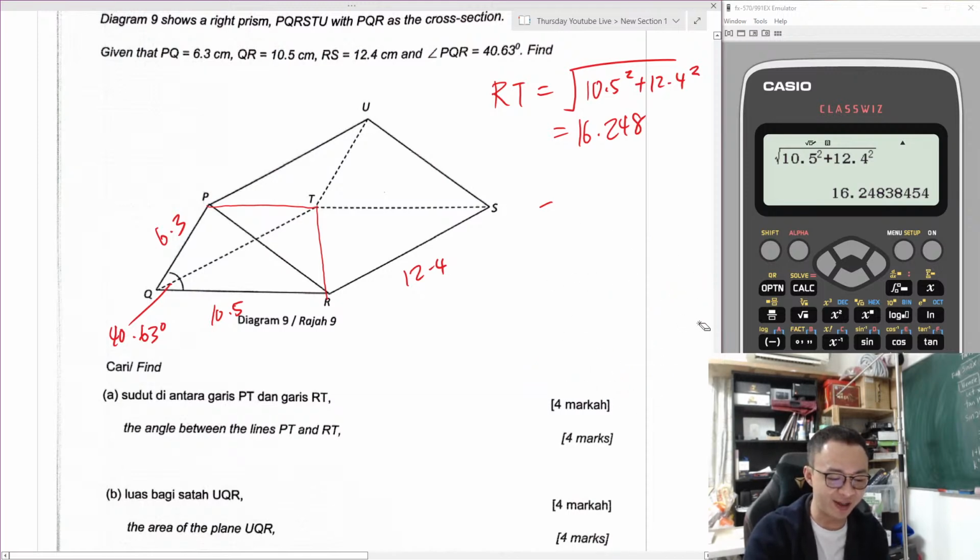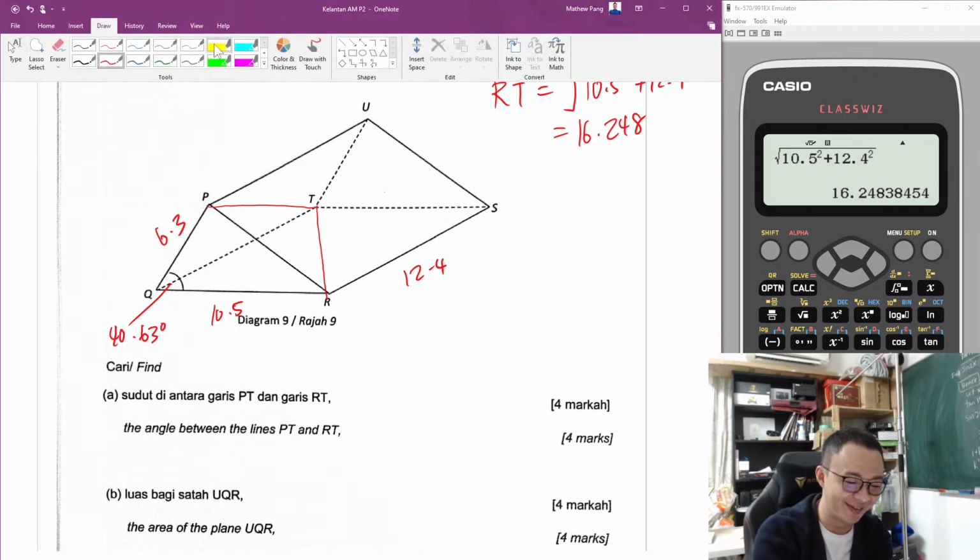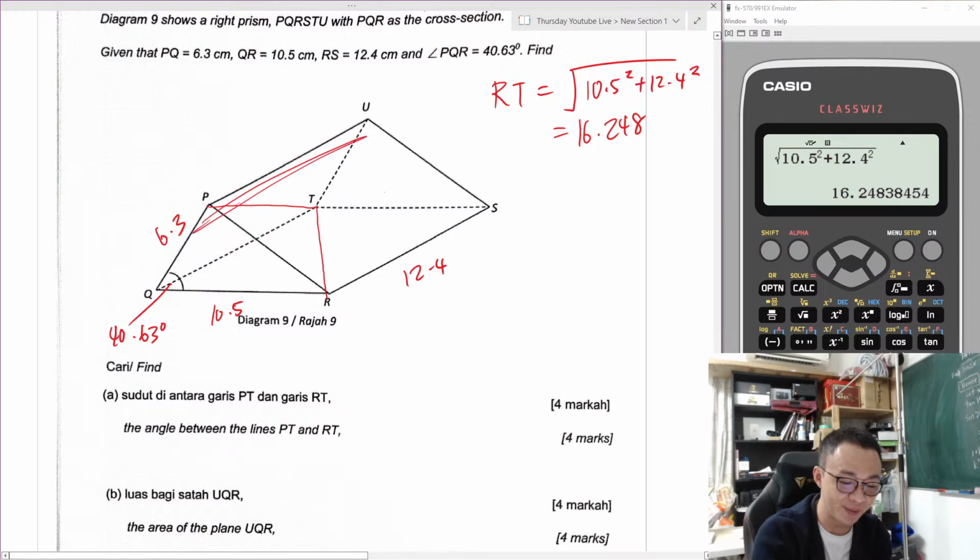I want to find the PT. Is it possible for me to get a PT? Yes. PT is another Pythagoras. You should know this plane itself is a rectangle.